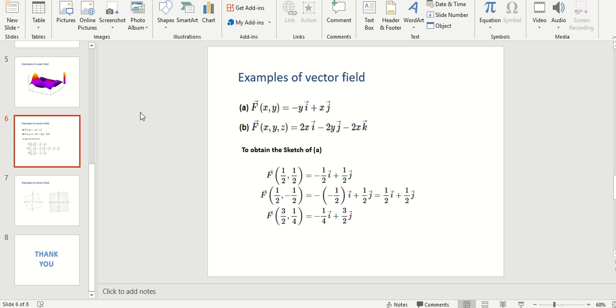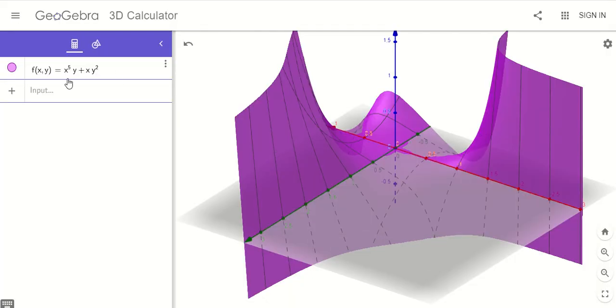Now look at this, the basic difference between the scalar and vector field is these functions. In the scalar field, the functions were like this. There is no i, j. If I put here i and j, obviously each and every function has some direction, that is, the particles are moving.